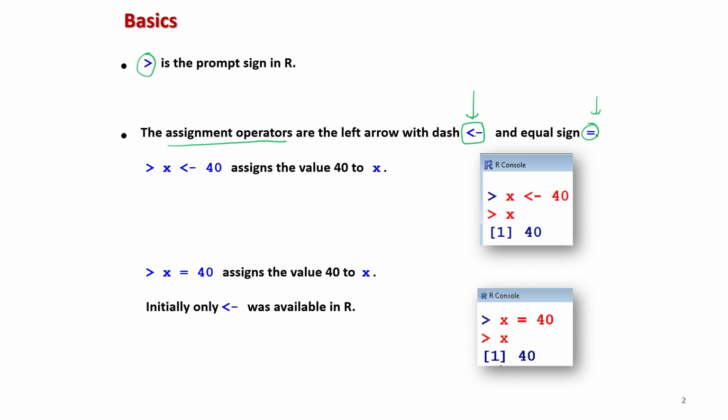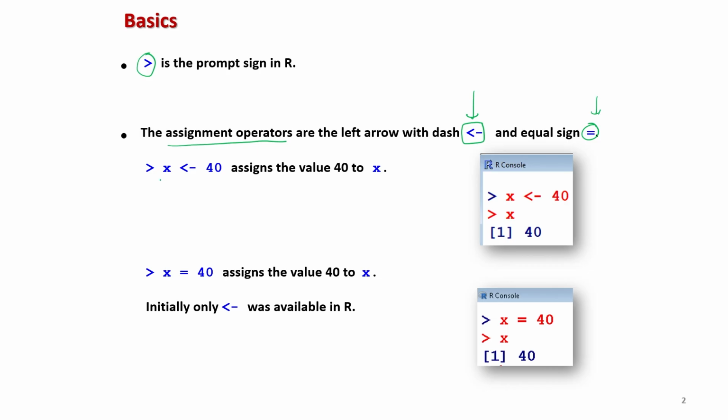Sometimes you may also see it in my slides; sometimes I may write this symbol less than hyphen. The reason being that R software was born before me and I have seen its birth and development. So when I started learning it, I was using only the first operator. Later on I switched to the equality sign. For all practical purposes, both the operators will give you the same outcome.